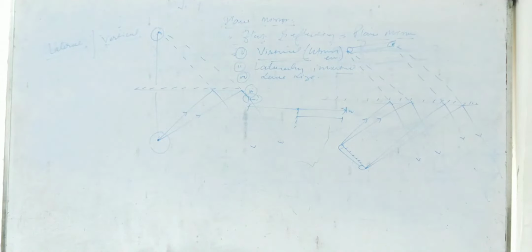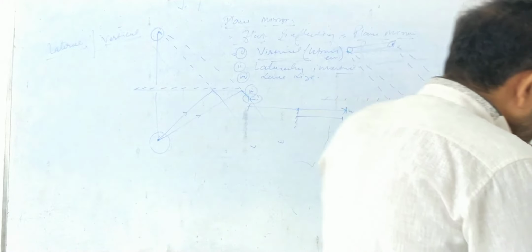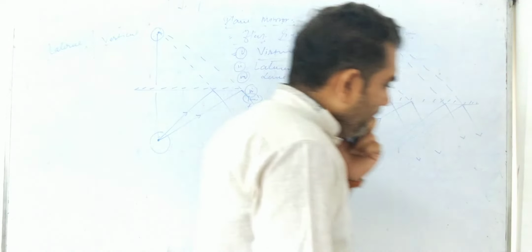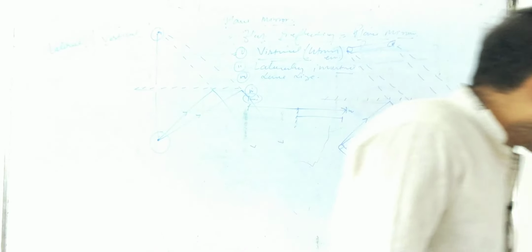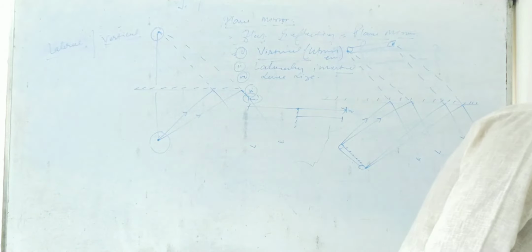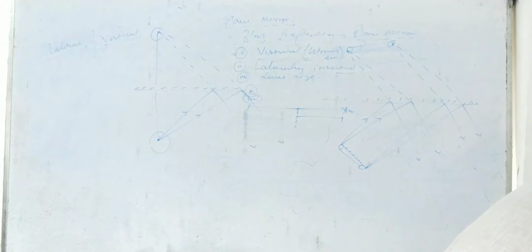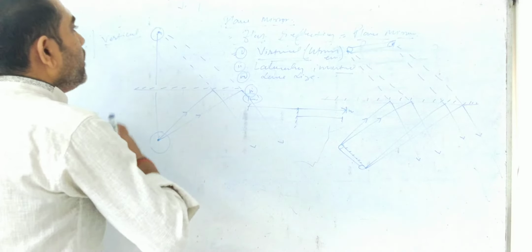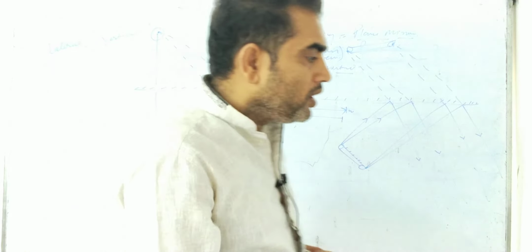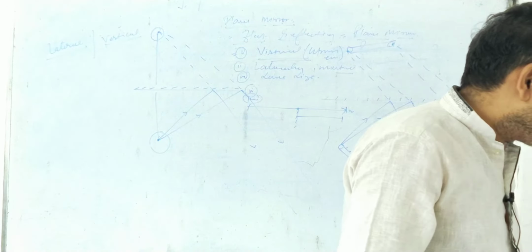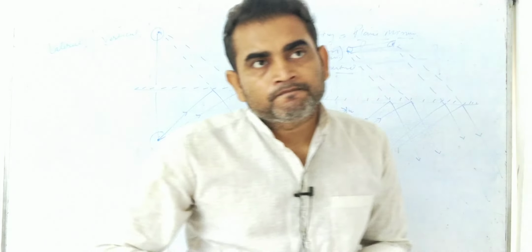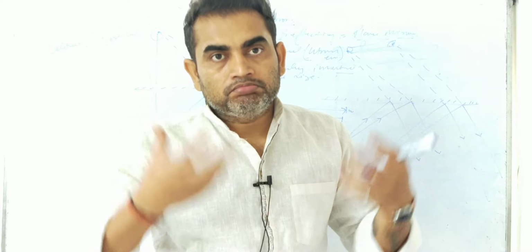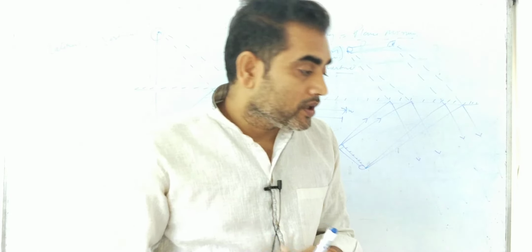In the next video we will do some more topics, but before finishing this video we can cover one more topic that you have in your book: the usage of plane mirror. Plane mirrors are used at many places. First of all, in our houses plane mirrors are used as dressing mirrors to prepare ourselves.